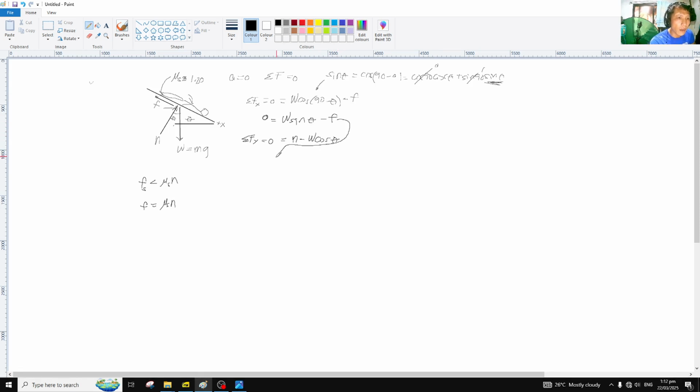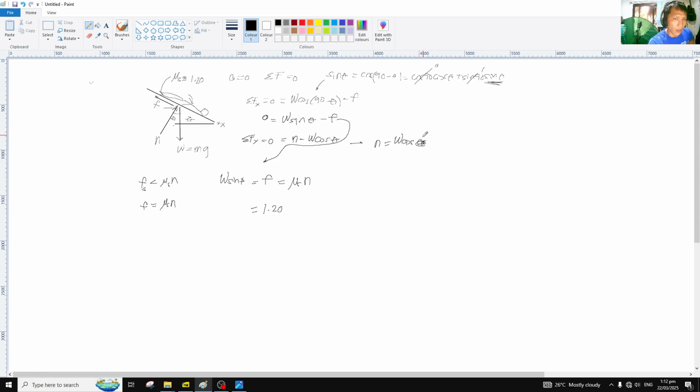You have here from that side, W sine theta is equal to F, and then you can replace your F to be your μs N. So what is your μs? That is 1.20, and then you will have your N at this side. Since the sum is equal to 0, N is equal to W cosine theta.